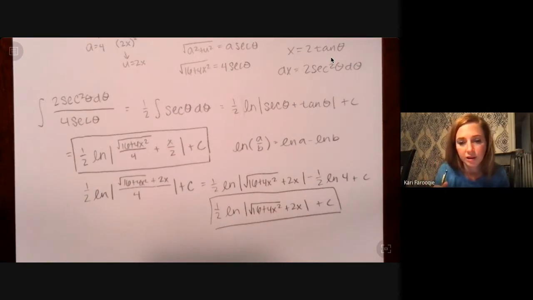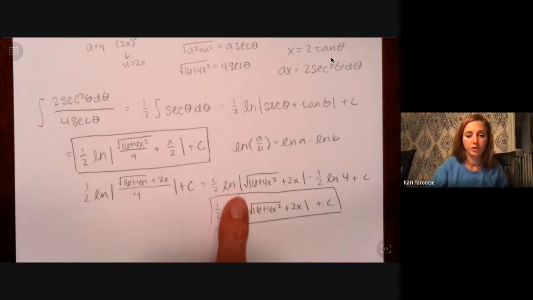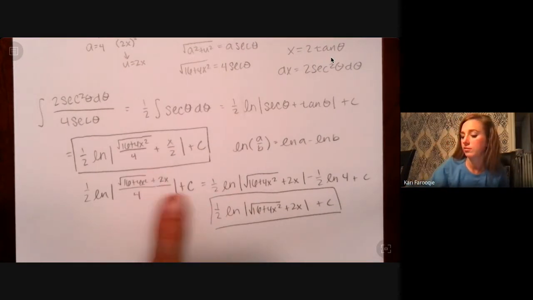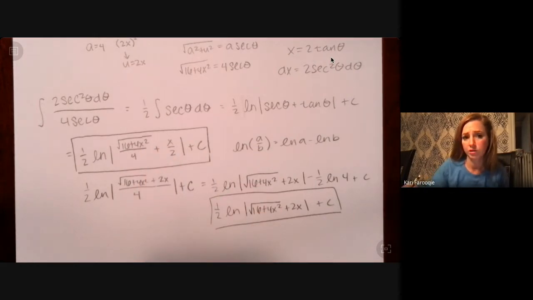I mean, yes, technically there's more you could do here. I don't want to get too carried away though. This is fine. This is a variation that's closer to what you might see in like the back of the book. They probably wouldn't leave it like this or like this. They would leave it like that. So I don't want you to be confused and wonder like what happened to the denominator? Where did it go? Didn't really go anywhere.